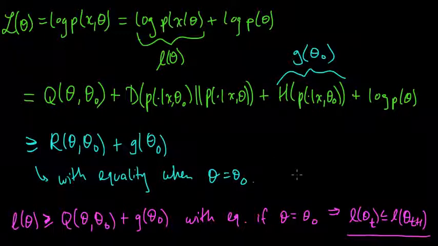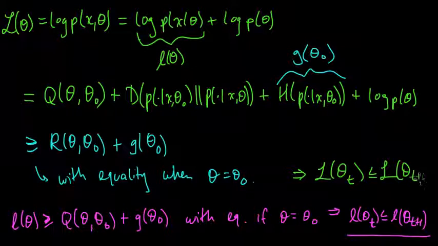So using the same argument as in the other video, except with r instead of q, we have that this capital L satisfies the same property, non-decreasing in t. So we get the same guarantee as before.